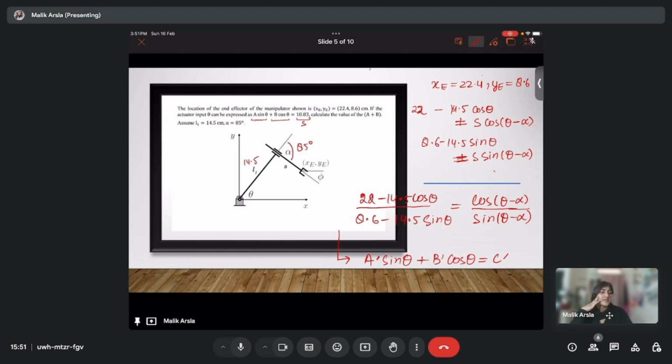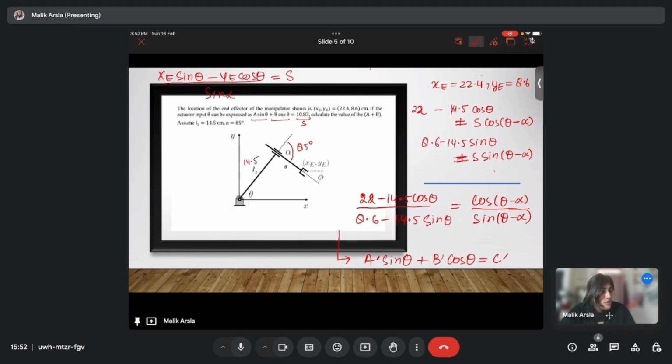Ma'am, actually the relation is given: xe sine theta minus ye cos theta, whole divided by sine alpha, is equal to s. So you calculated the value of s from this, right?